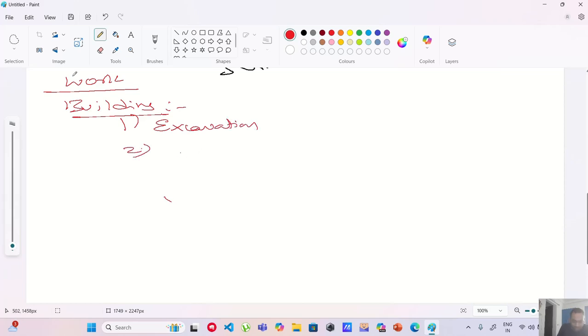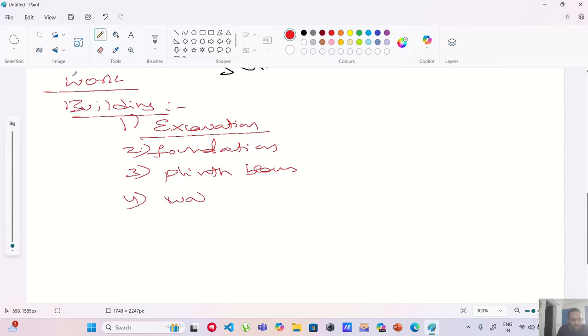Second, planning and designing come beforehand, but for construction, first excavation and after that foundation. The second one is foundation, the third one is plinth level, which we can call the plinth beam, and the fourth one after the plinth beam is columns and walls.